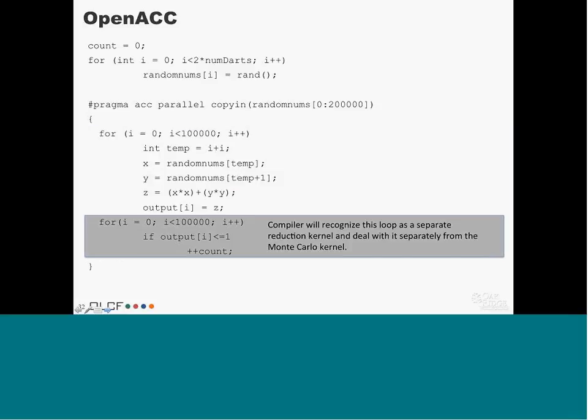Okay, the compiler needs a second for loop, and it'll take the second for loop to make another kernel of it, a reduction kernel, a kernel for reduction. And so, depending on if this is less than or equal to 1, then we'll go ahead and increment count and say that this point is inside the circle. And then later on, once we get out of our parallel region, we can use that to compute our pi.